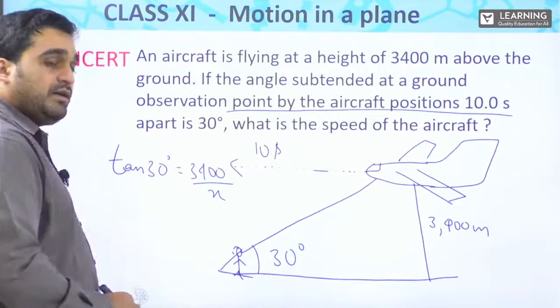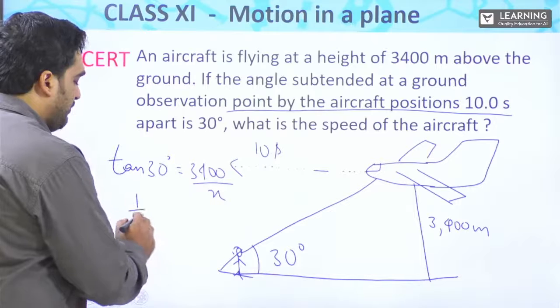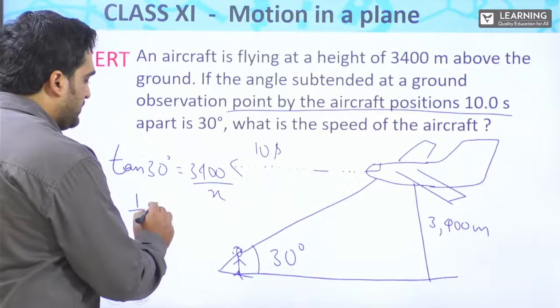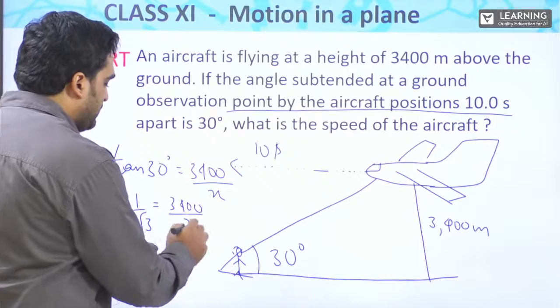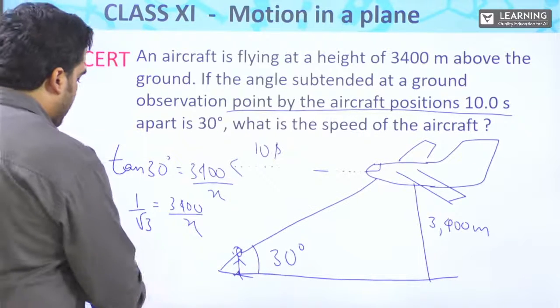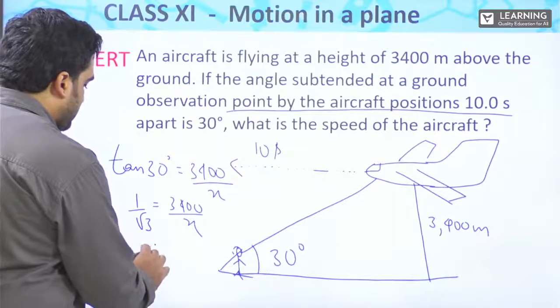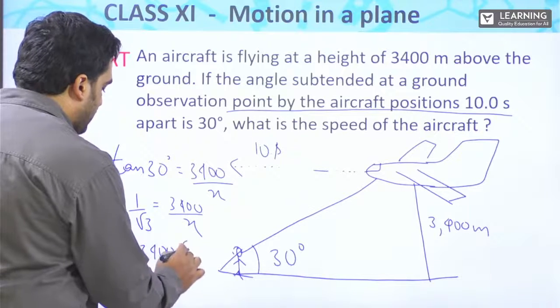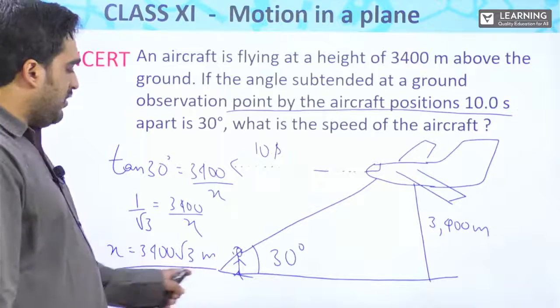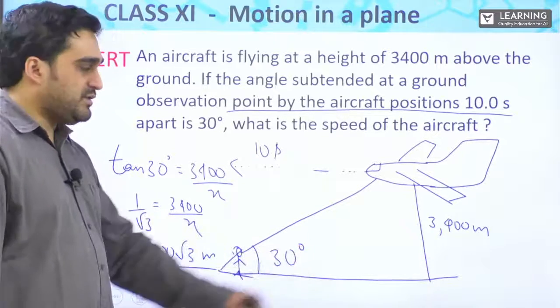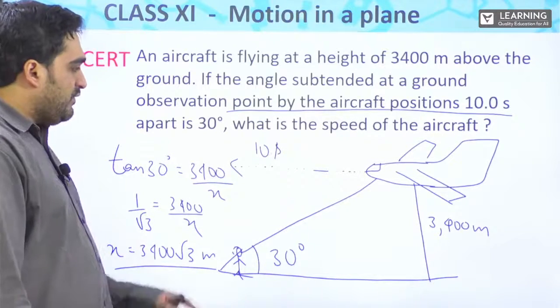Tan 30 is 1 by root 3, which is equal to 3,400 by x. So x is equal to 3,400 root 3 meters. This is the horizontal displacement. Now we need to find the speed.